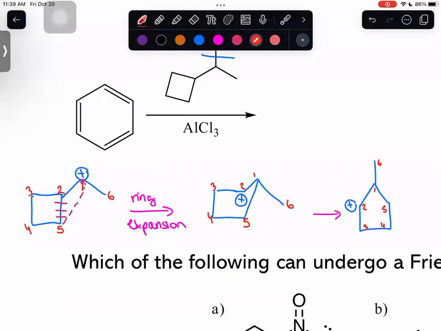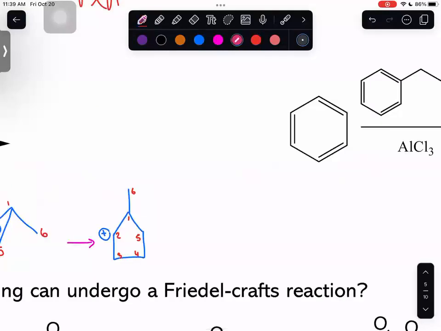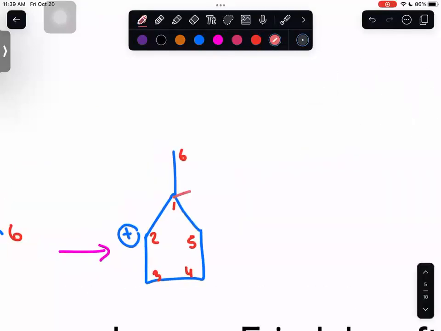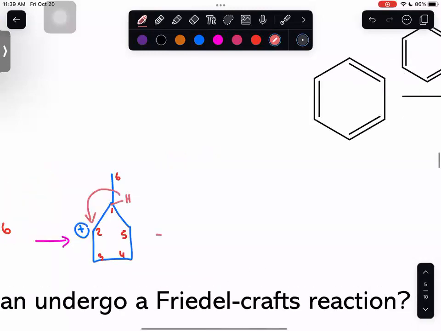It's not going to stay on carbon 1 because that carbon now is going to have 4 bonds. So it's going to shift to carbon 2 because that's the one that lost 1 bond. At the end, yes, we're going to do a hydride shift. So the hydrogen on carbon 1 is going to move over there so the carbocation can be even more stable.